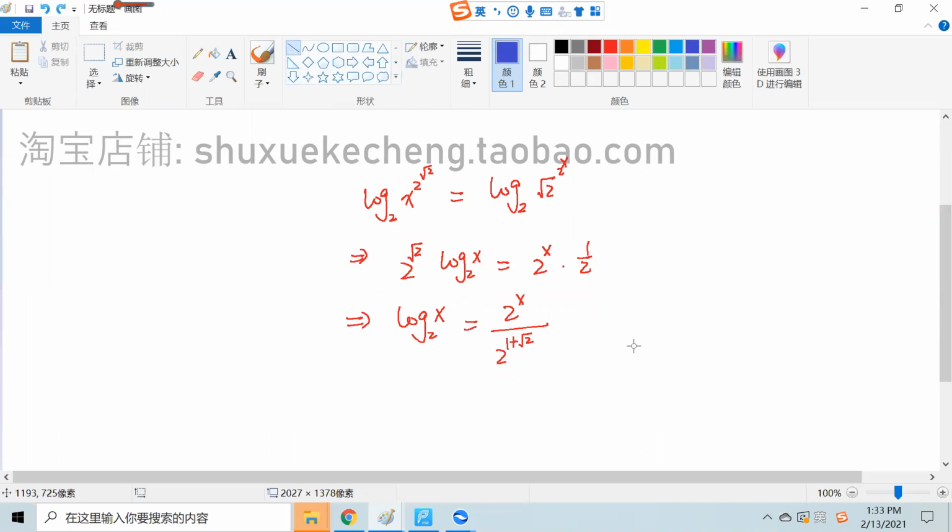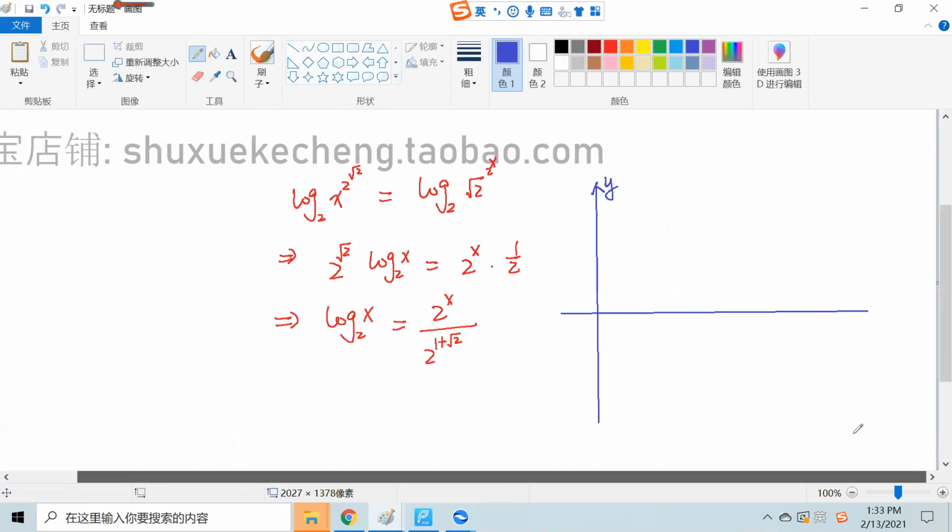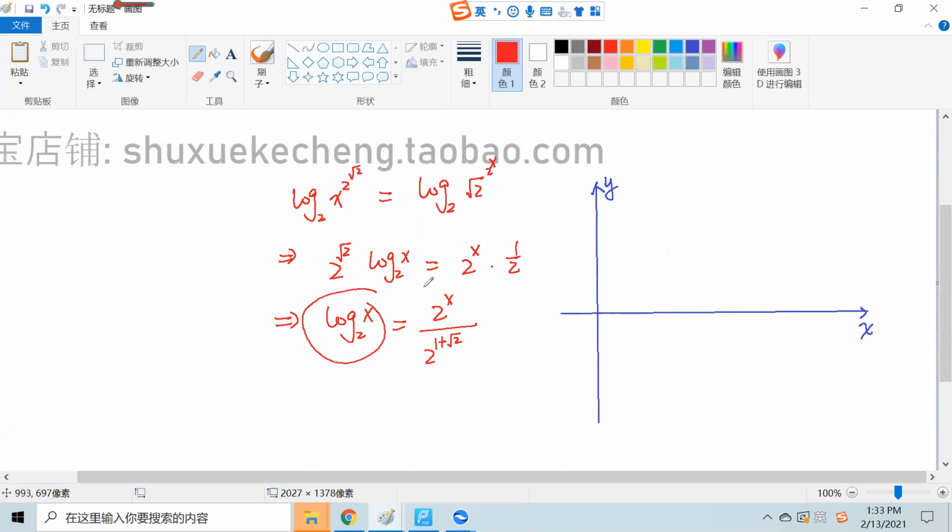How to find? We just use the graph. The graph is the most direct way to find the approximate positions of solutions. It's the straightforward and easiest way. First, we graph log 2x. Log 2x is like this, which intersects the x-axis at (1, 0).